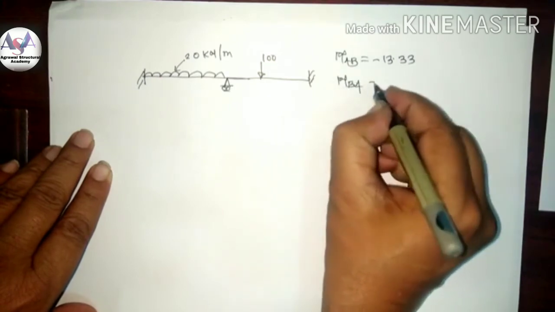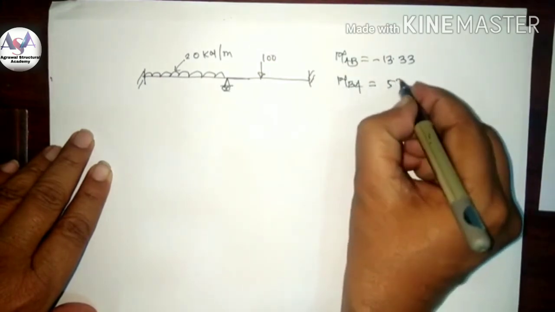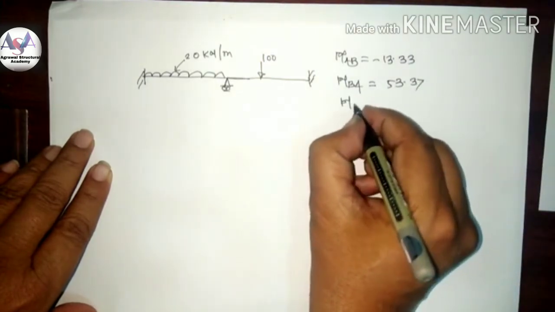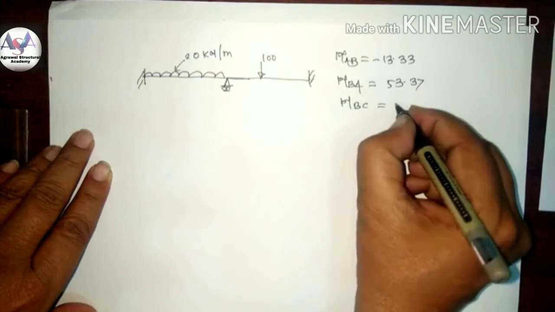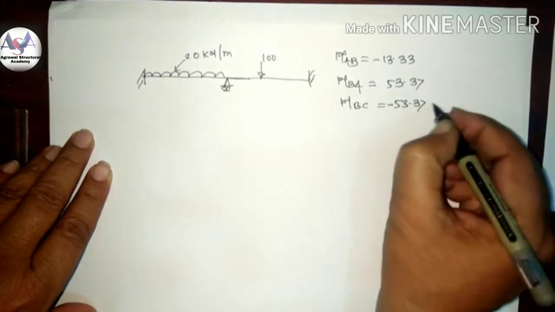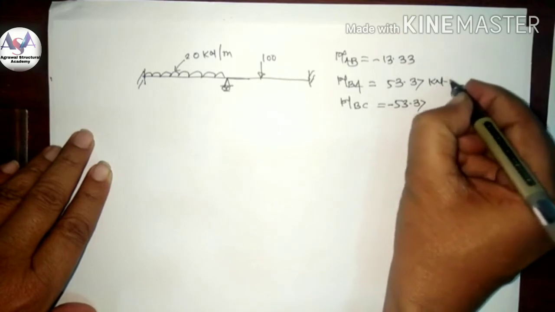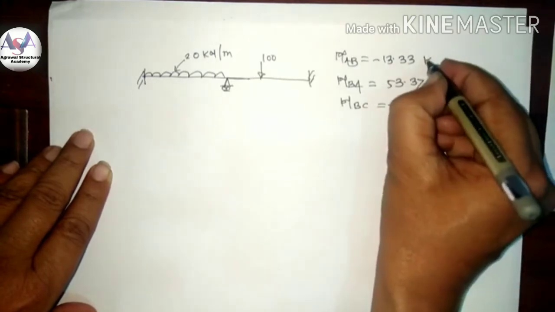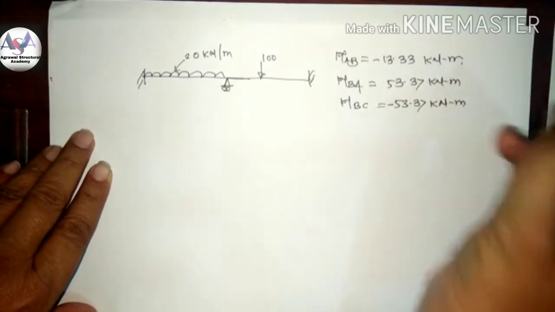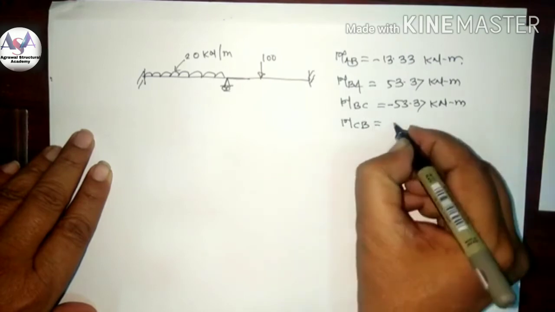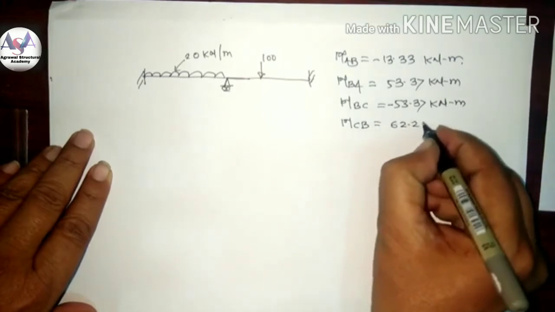MBA should be equal to 53.37. Then MBC is taken as minus 53.37, because both values should be the same. And MCB is equal to plus 62.24.